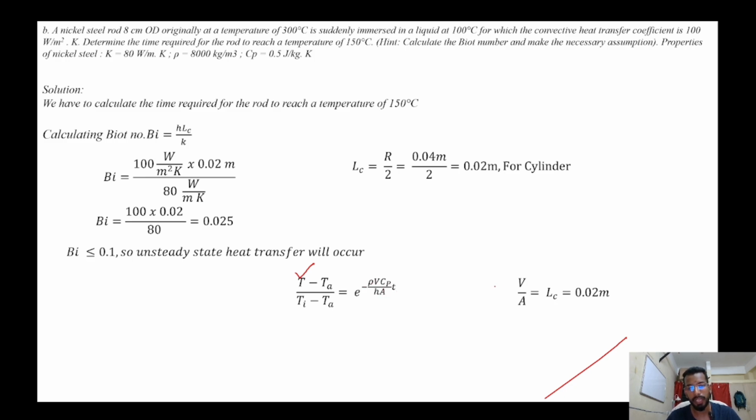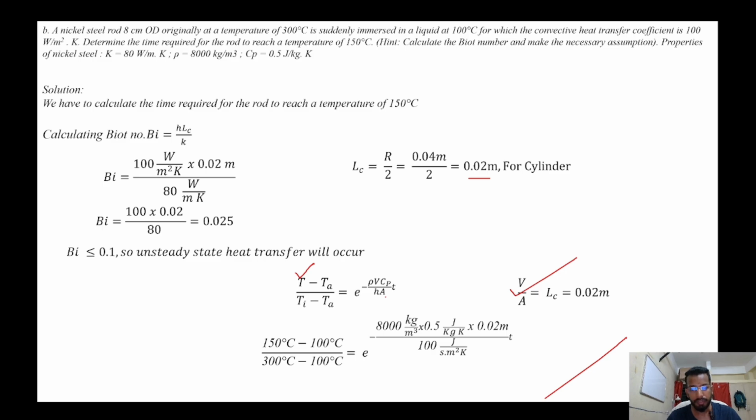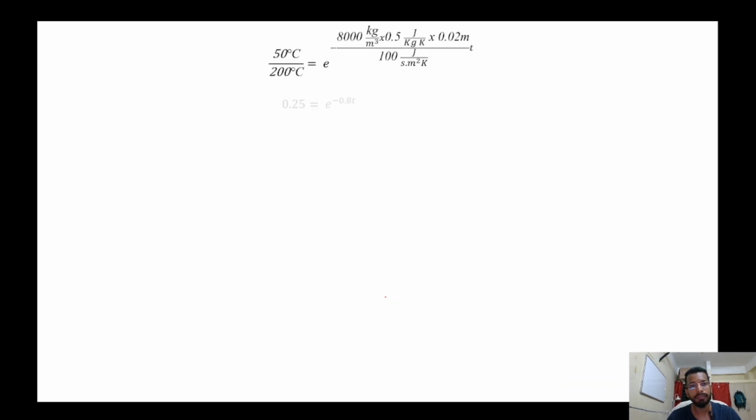V upon A will be the characteristic length. So we will directly put the value 0.02. We have calculated this. So after putting all the values, we will get this, and solving just mathematical things, taking log and all, we will get this.